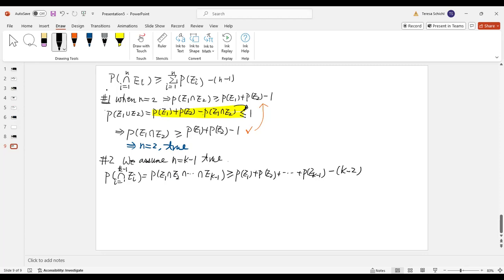So we assume n equals k minus 1 is true.